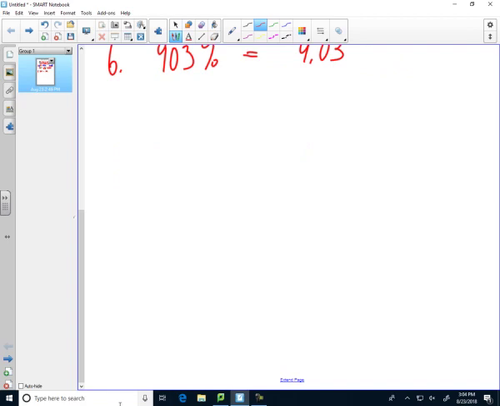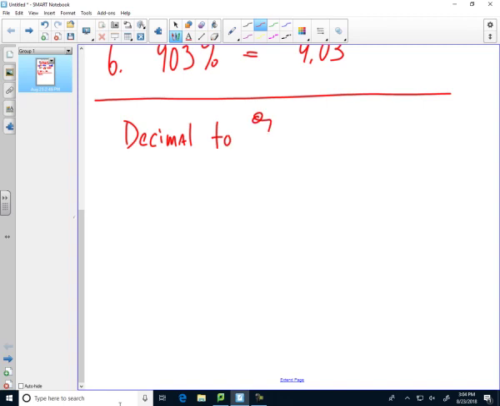So, let me write that down. So this is decimal to percent. I was trying to think of good applications of this.